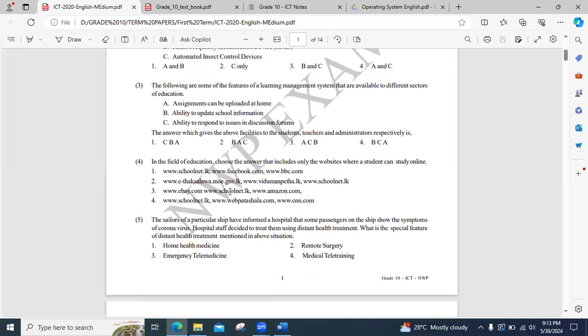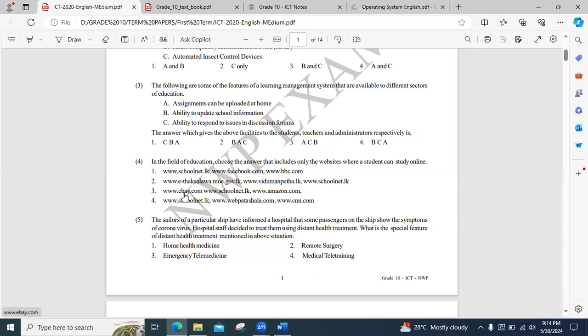So next question, fourth question. In the field of education, choose the answer that includes only the websites where students can study online. So here, even if you don't know the websites, you can easily find out like this. Say Facebook is there, BBC is there. BBC is a news website. So then you can ignore the first one.